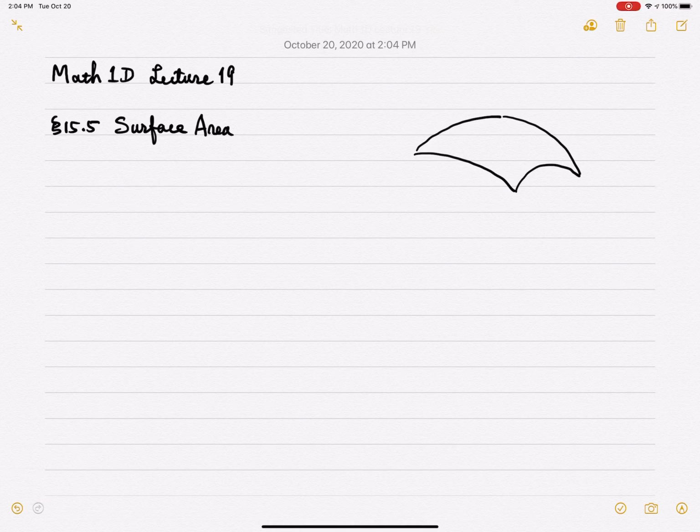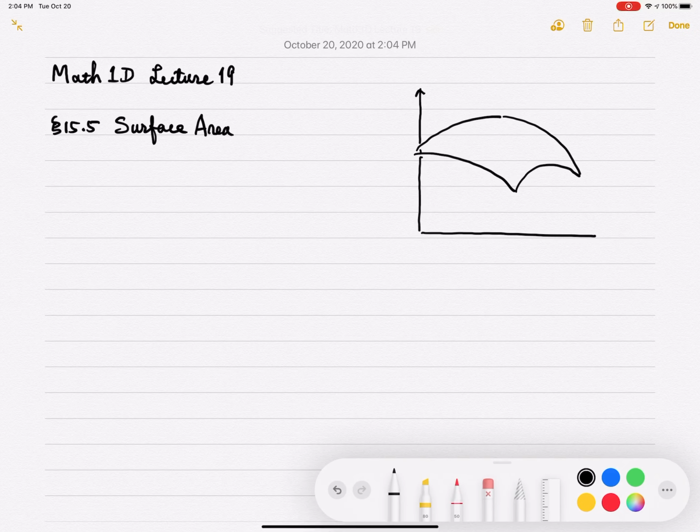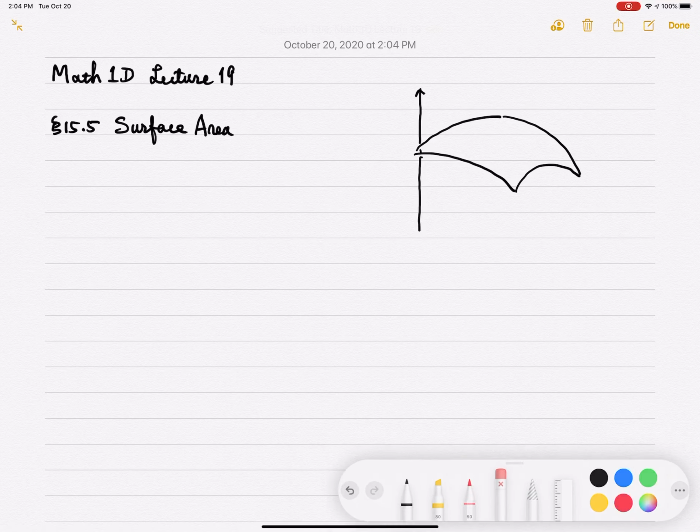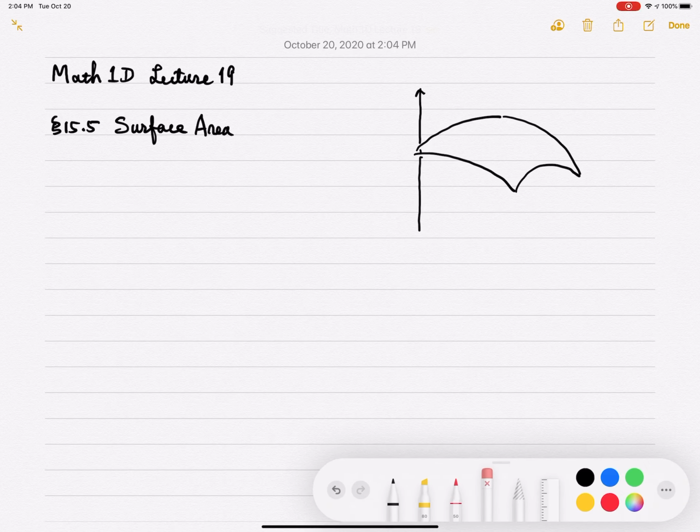And then we say, this is the coordinate system. Let's see, how about if we put it coordinated this way?